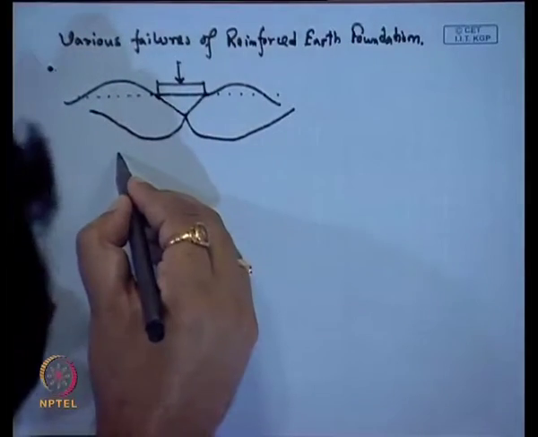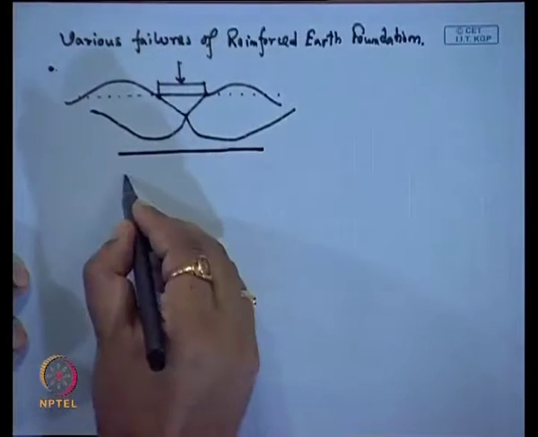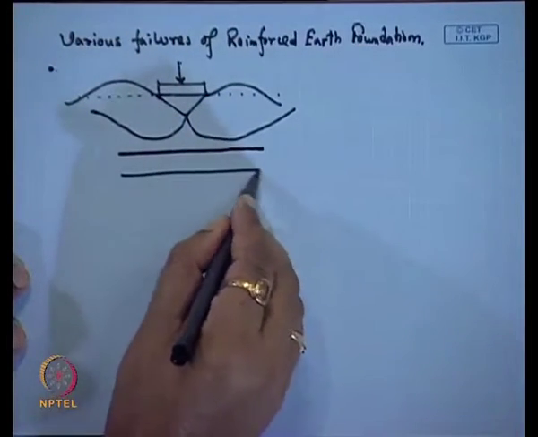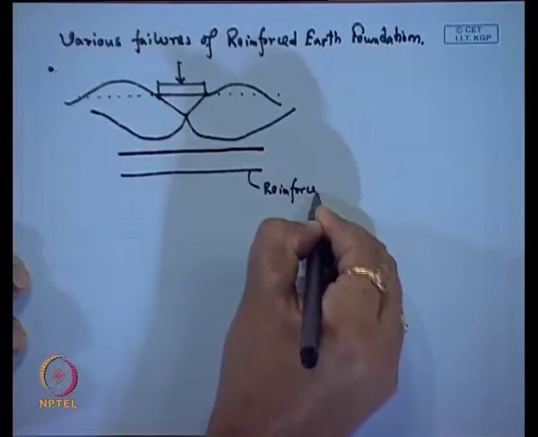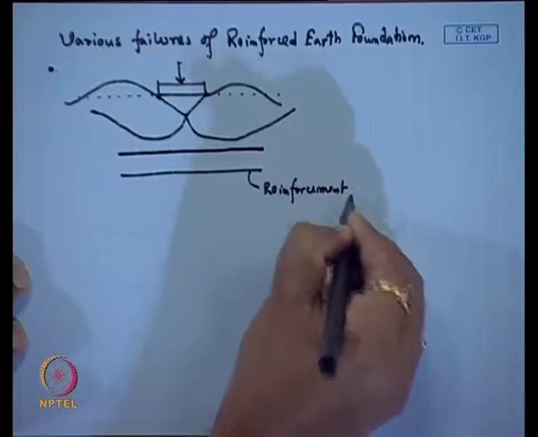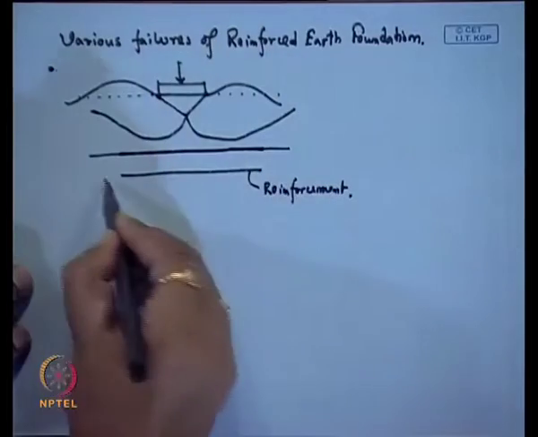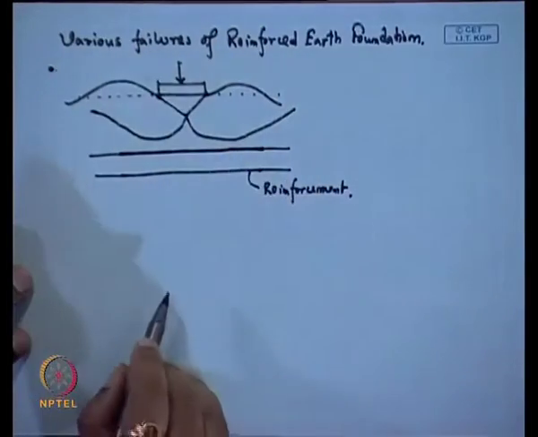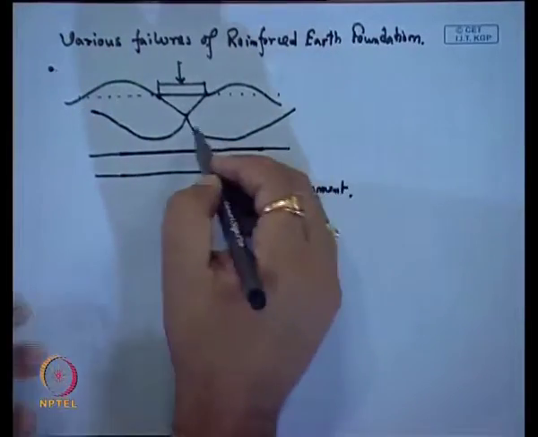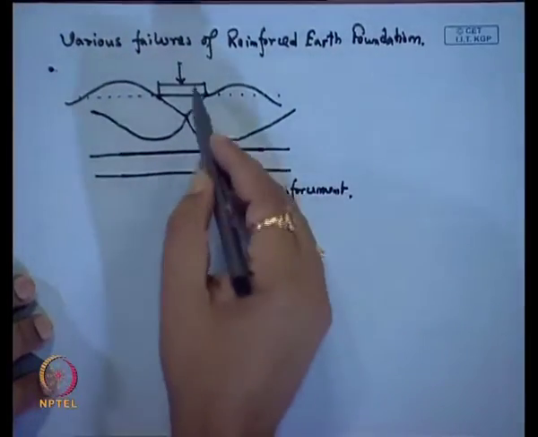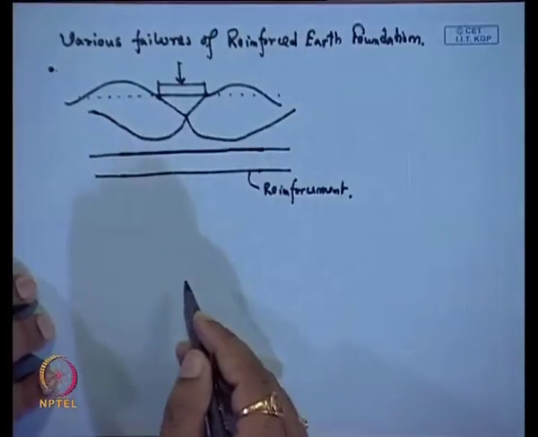Now, if the reinforcement is placed below this failure surface, then this soil will act as an unreinforced soil, because most of the failure has occurred above the reinforced soil.